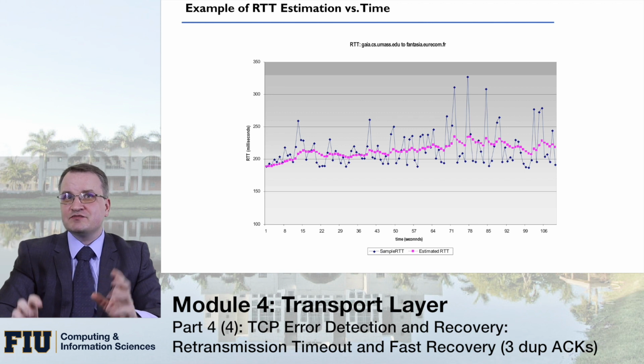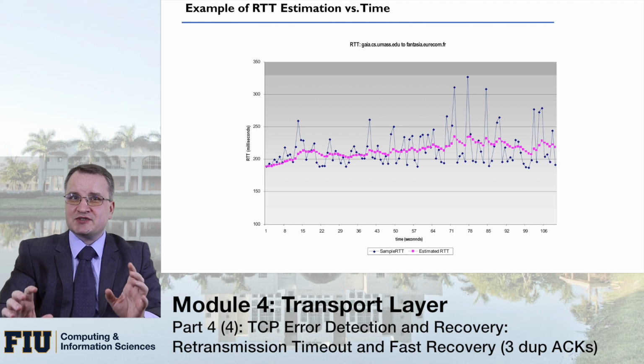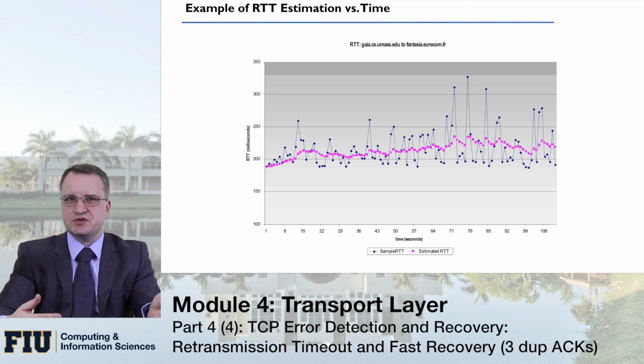To highlight the estimation versus variation of RTT, this one I got from one of the websites that publishes various measurements. This is just saying that RTT is not really stable on the internet. Here the RTT is at 250 milliseconds, which means it was probably from Europe to the United States, and the RTT actually varies quite a bit.